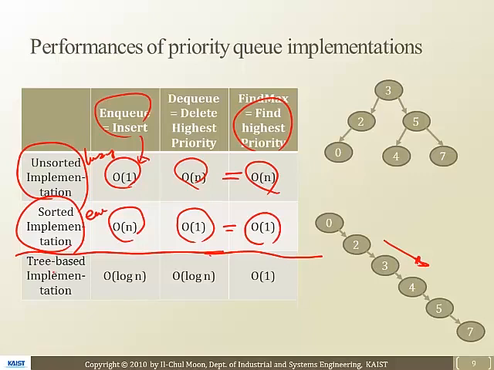It's going to be called the binary heap. So the binary heap is a tree-based implementation of the priority queue. It's natural to have these heap structures in the second part of this lecture.